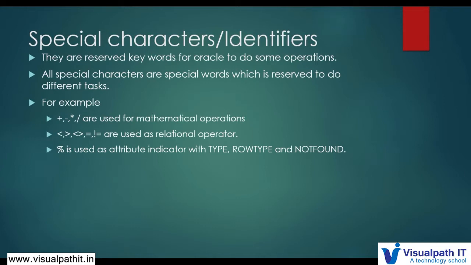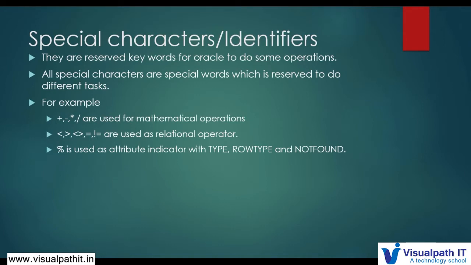greater than, less than, combining both, equal, and exclamation mark with equal are also used as relational operators. In PL/SQL we use these characters for comparing two strings or two numbers. So these also you cannot use. Percent sign is used as an attribute indicator with type, row type, and found, not found. This is a cursor attribute.